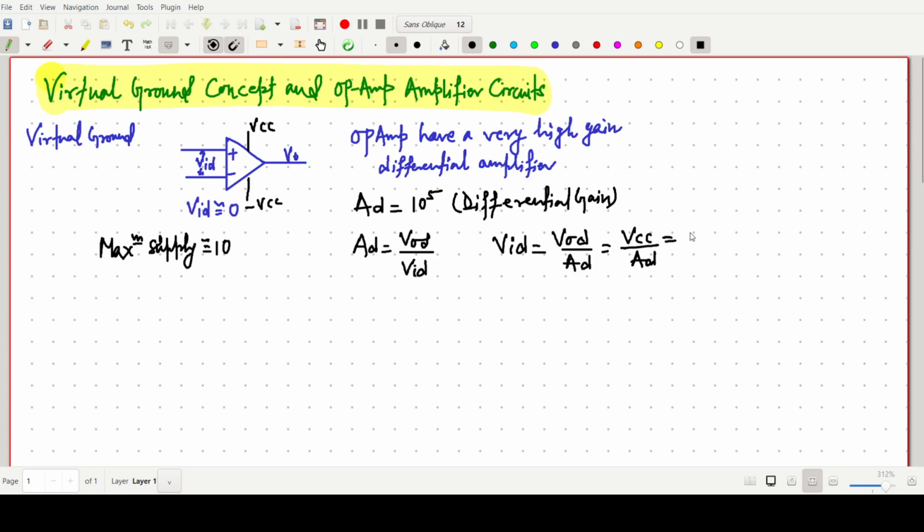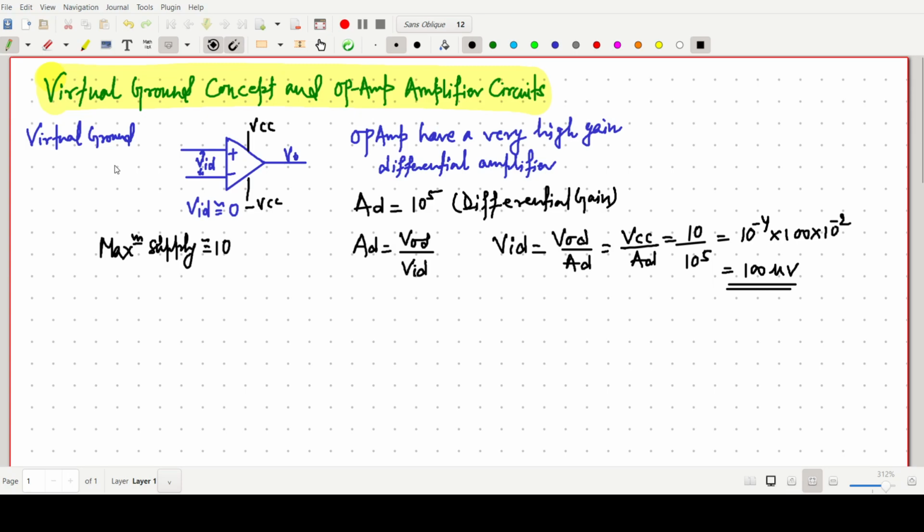Now we are saying this Vcc we are taking 10 and Ad around 10 to the power 5, means this one is nothing but simply 10 to the power minus 4. Okay, so if we are multiplying with 100 and into 10 to the power minus 2, it should be around 100 microvolt.